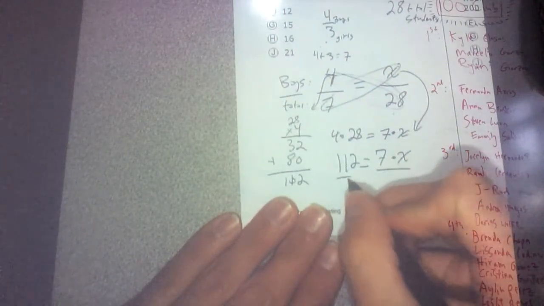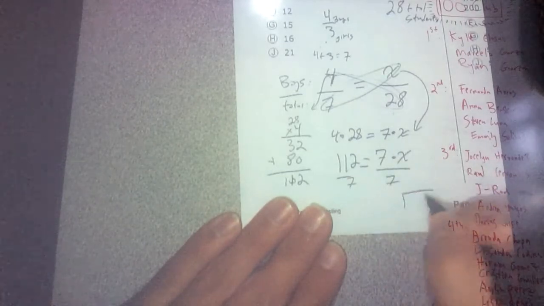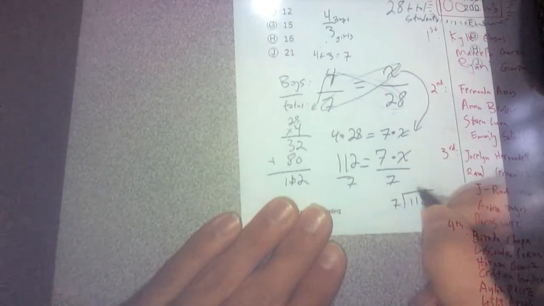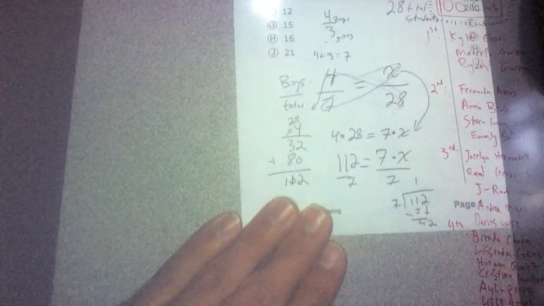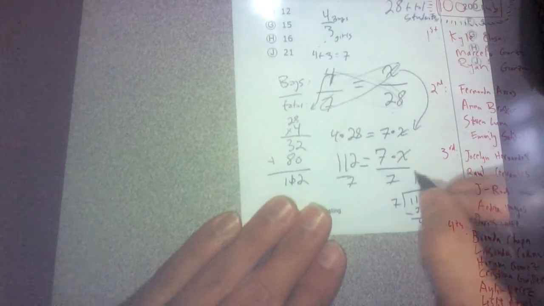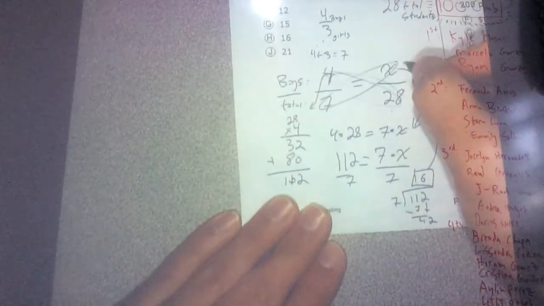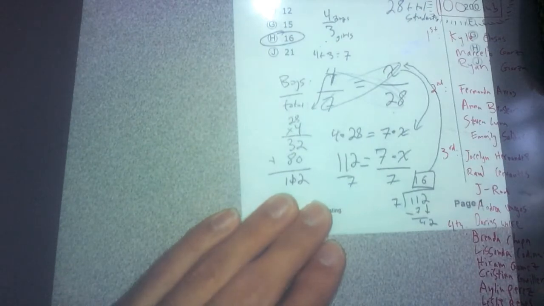Now I divide by 7, and 7 goes into 11 one time, minus 4, bring down the 2, and 7 goes into 42 6 times. So x is 16. There are 16 boys.